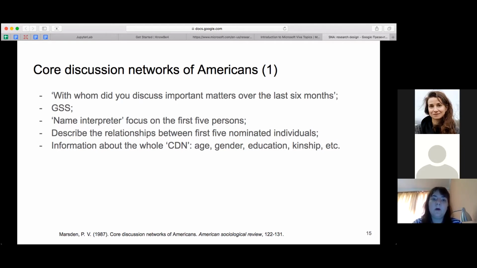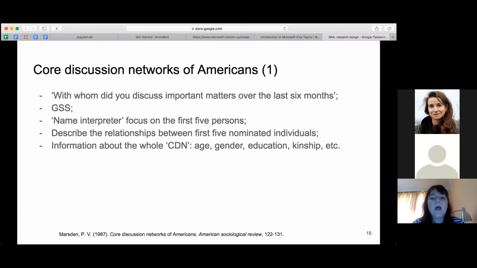And then, for the first 5 persons if an individual named more than 5, otherwise for all persons, the respondent should interpret the role of these individuals and describe them. He or she should describe the relationships between the first 5 nominated individuals, for example, whether they do not know each other at all or whether they are very tightly connected.